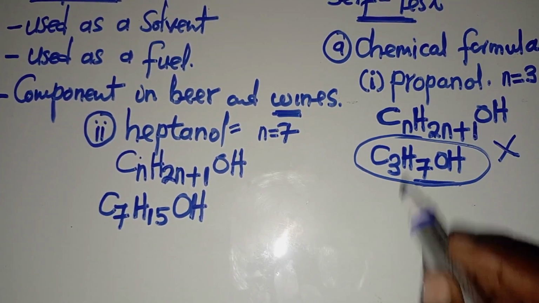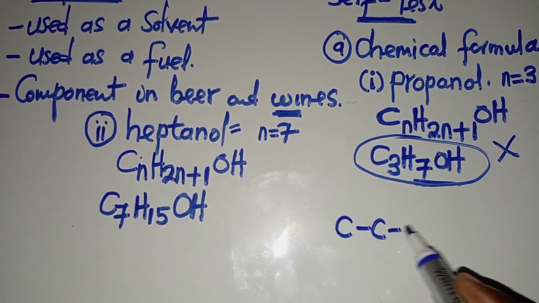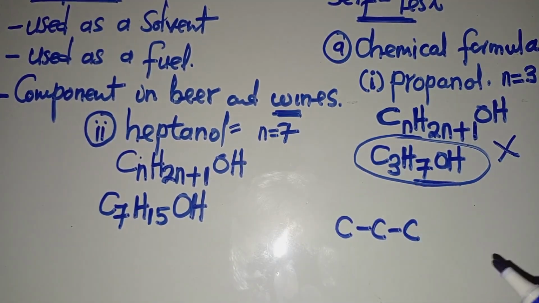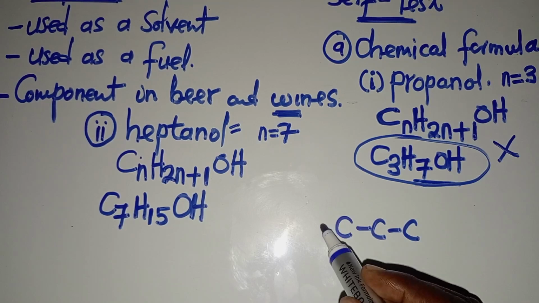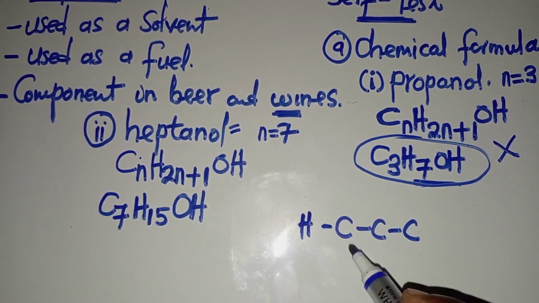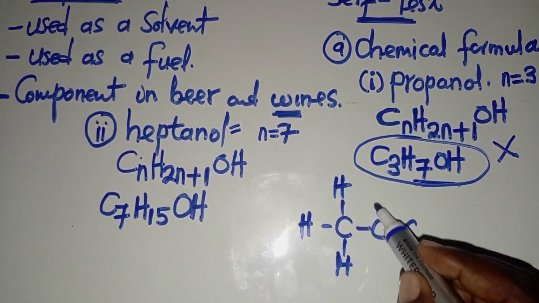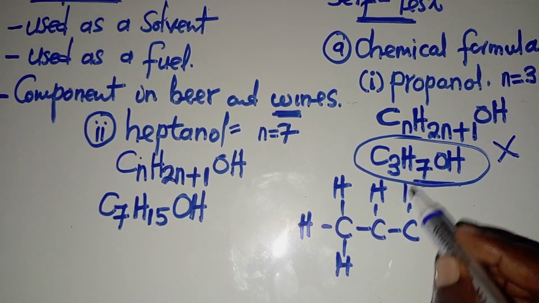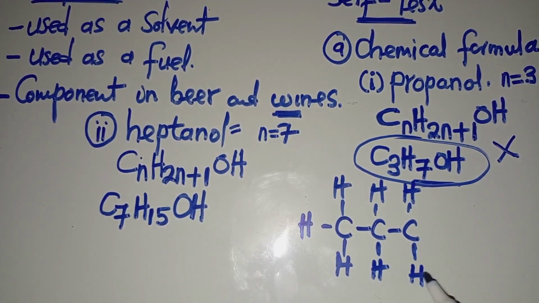We say, okay, C, have you seen C? 1, 2, 3. We've got 3 carbons, surrounded by 7 hydrogens. We start from here, 1, 2, 3, 4, 5, 6, 7.